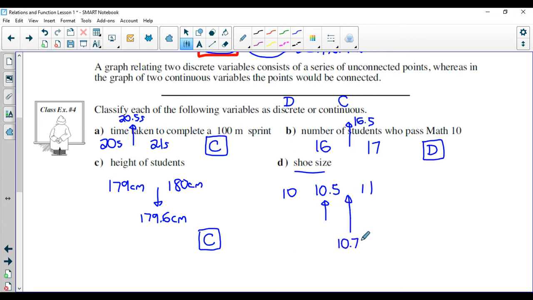Can you have a shoe size of 10.75? They don't really make shoes like that. It's either 10, 10.5, or 11. 10.75, or 10.25 in between, don't make physical sense because those shoe sizes don't exist. So I'd also refer to that as being a discrete variable because not all intermediate values are valid.